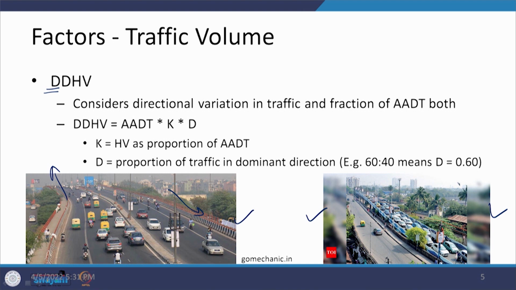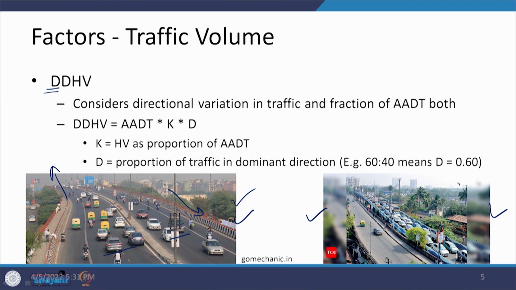Now, if you look at the first photograph, it means the facility which has been provided here, on the basis of the counts on either side, is good enough and the vehicles are moving at desired speeds, or at a speed which is interactive but not low. But when you look at the other side, it is almost a stalled condition, or even if there is speed, it may be something like 5 or 10 kilometers per hour.